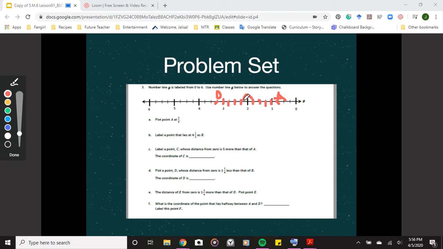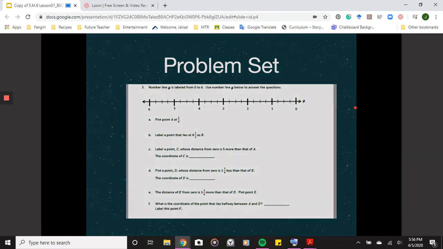And that number would be 2, which means that this point is going to be marked as F. We can see that. All right, so the coordinate of the point that lies halfway between A and D is 2.